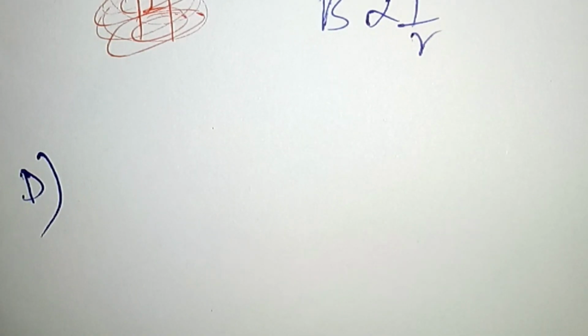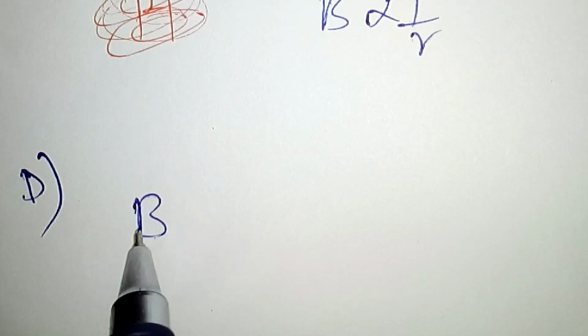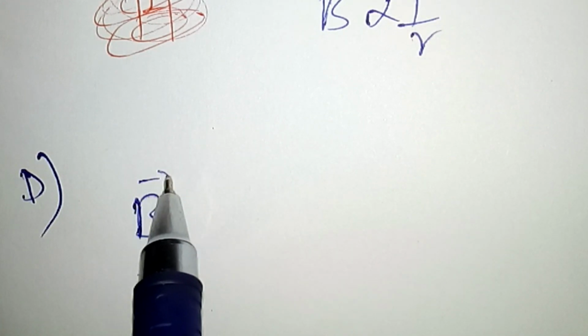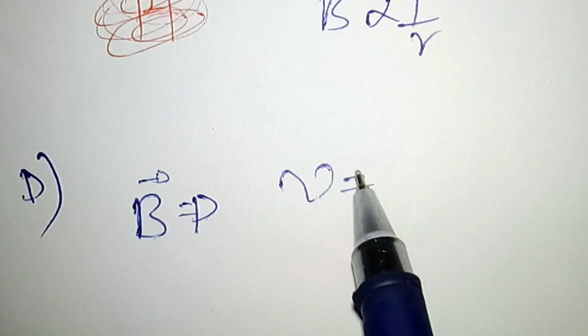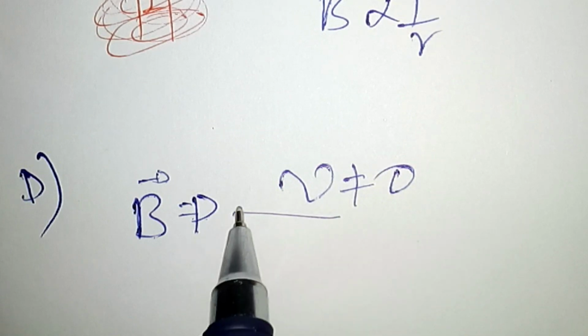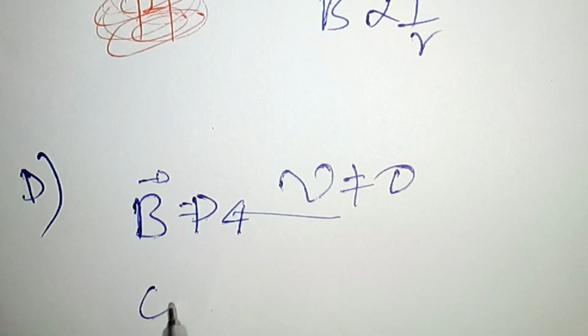Alternative D says that a magnetic field can be created in the space surrounding any charged object that is in motion. A magnetic field is created around any moving charge, because if the velocity of the charge is different from zero, there is always a magnetic field around the charge.